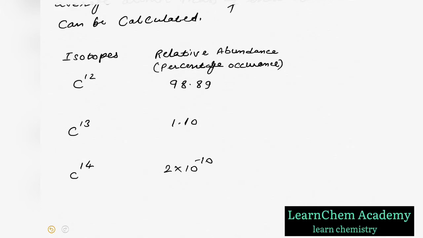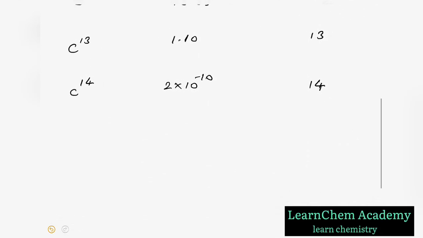And here the atomic mass in AMU. C12's atomic mass is 12, here 13, and here 14 AMU. So these are their atomic masses, their percentage abundance, and their isotopic names. So how can we calculate their average atomic mass?